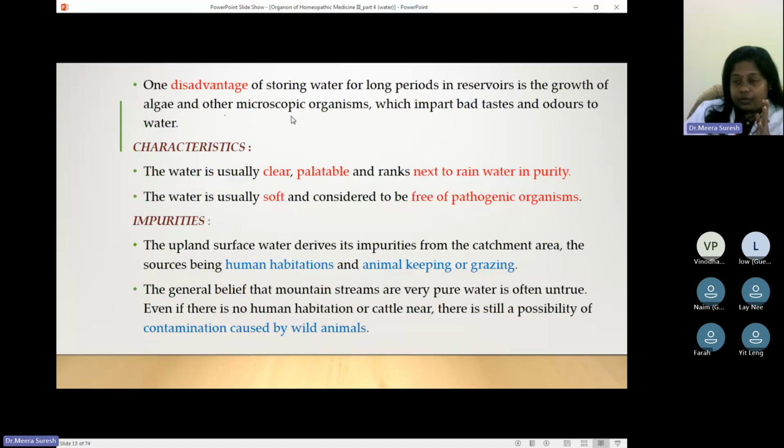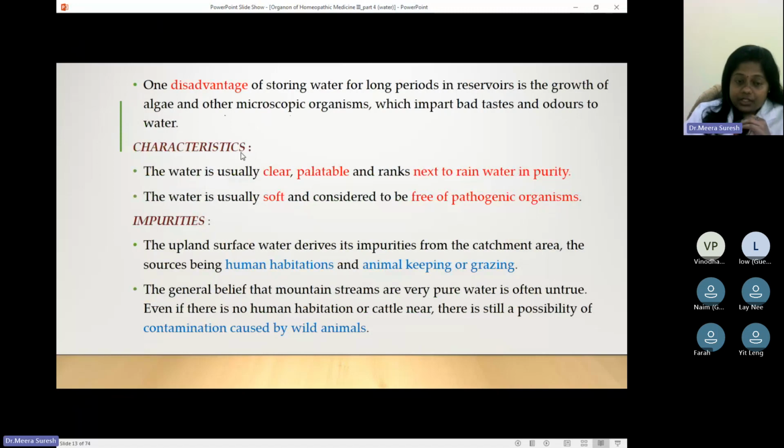So the water has a bad taste, and pathogenic organisms may also be present, so the water is not safe or wholesome; it is polluted or contaminated. But the main purpose of storing water in these reservoirs is more than drinking. It can be used for drinking, obviously, but after purification. The main purpose is to use it for electricity production.